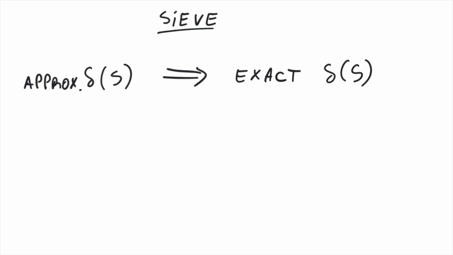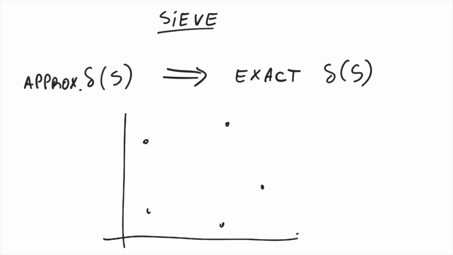So how do we implement the sieve? The points that we have, let's say, are on the plane. Then the sieve is going to be implemented through a grid. Let's say that we have our x and y coordinates for each point. We will define a grid in this plane that is equally spaced in the x and y directions.